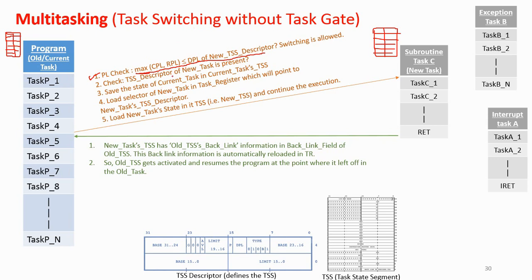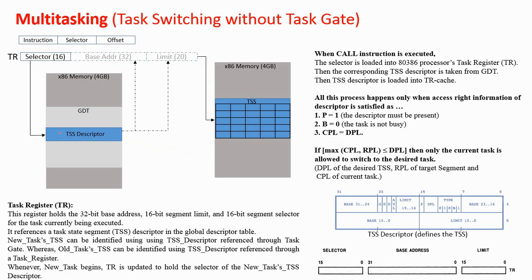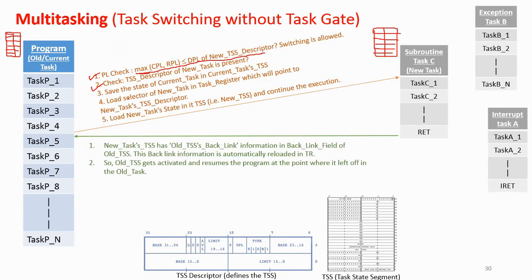Then the TSS descriptor will be located. Just before locating the TSS descriptor, the microprocessor checks whether the TSS descriptor of the new task is present or not. Means this TSS descriptor is present or not, it will be checked.